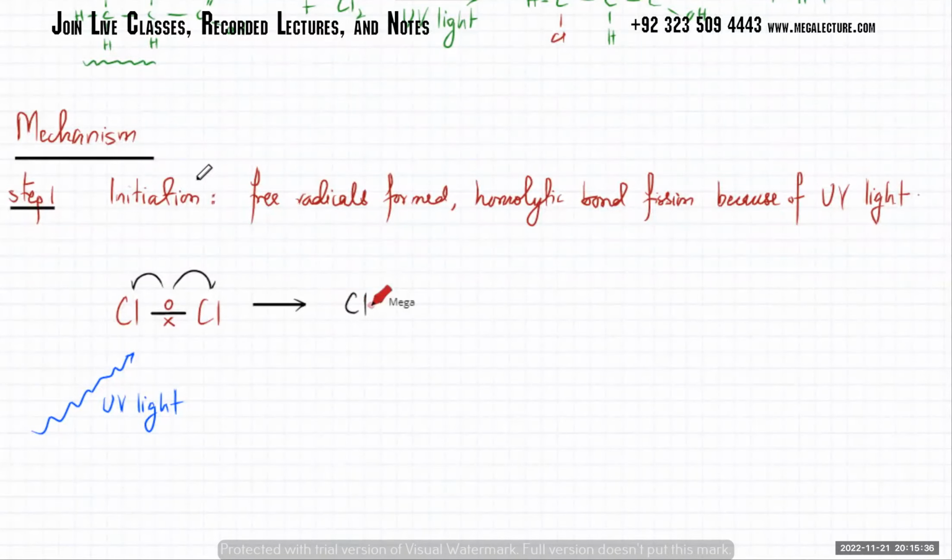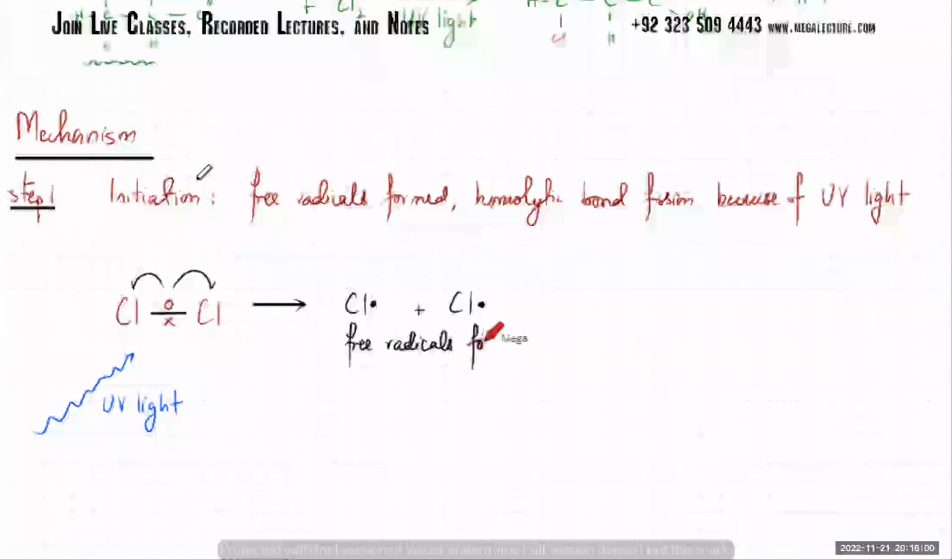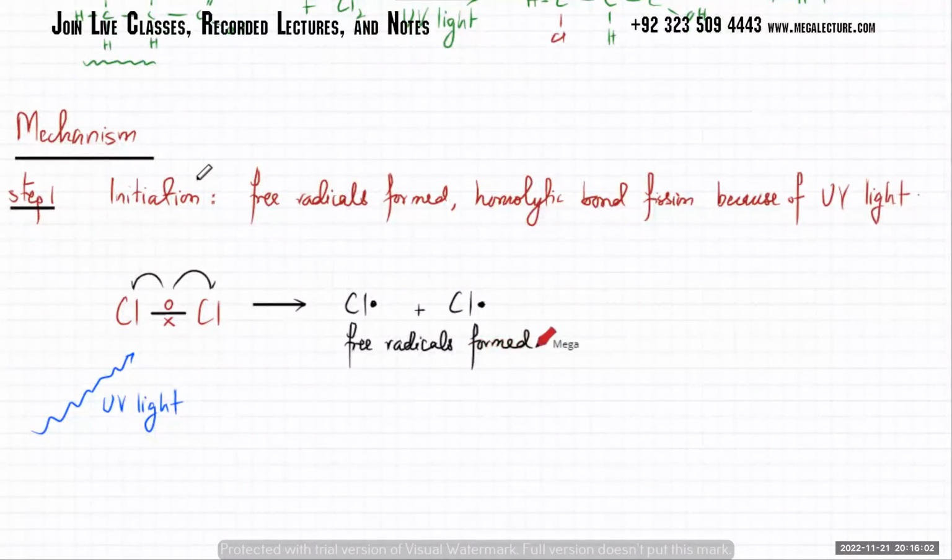There's one Cl radical being produced, and another Cl radical that will be produced. We discussed radicals. Radicals are atoms that have incomplete outer shells or unpaired orbitals. So your free radicals are getting formed. Is the first step clear?